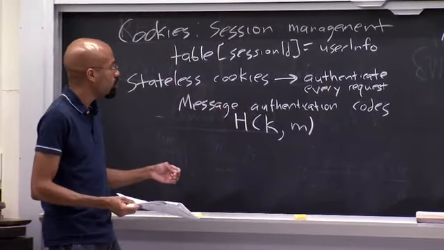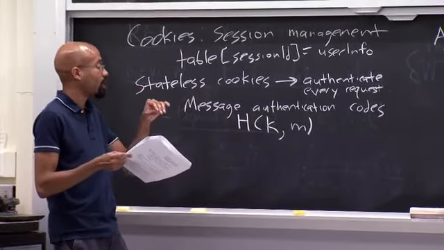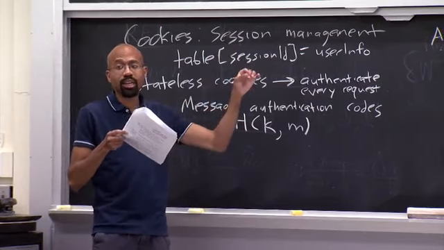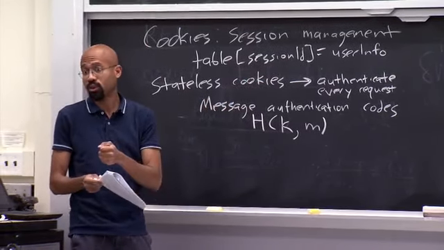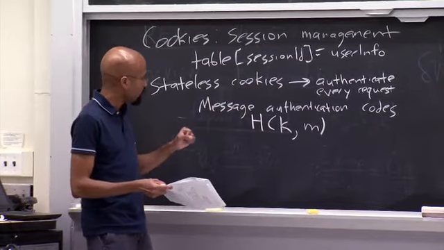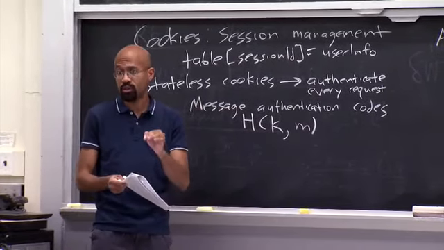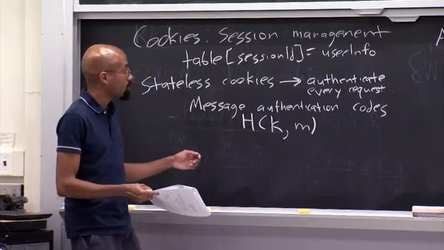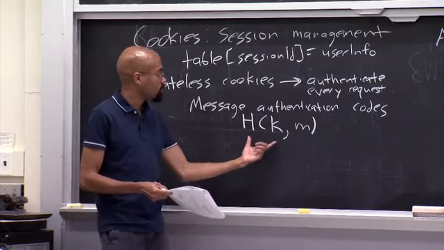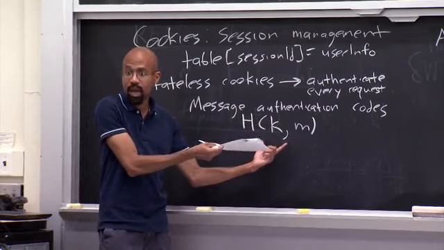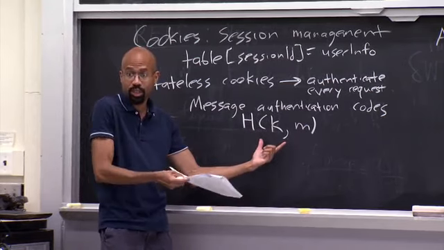So what we're going to do is ensure that each client shares a unique key with the server, okay? And so whenever the client sends a message to the server, the client is going to send the message and then also send this special cryptographic operation, the result of this operation here.